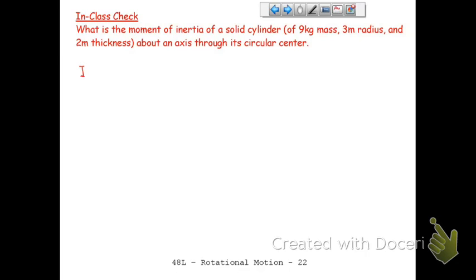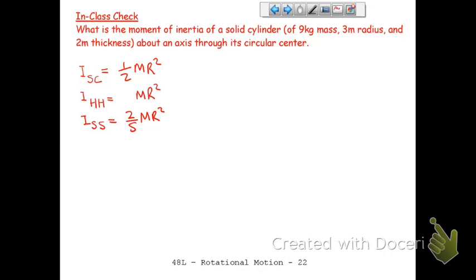I expect you to know that I for a solid cylinder is equal to 1/2 mr squared. I expect you to know that I for a hollow hoop is equal to mr squared. I expect you to know that I for a solid sphere is 2/5 mr squared.